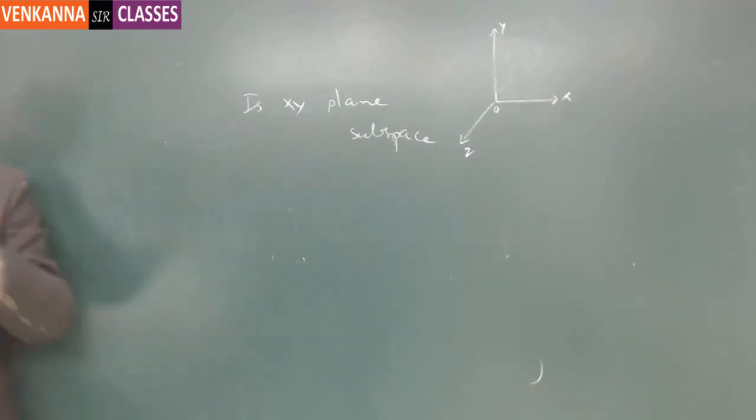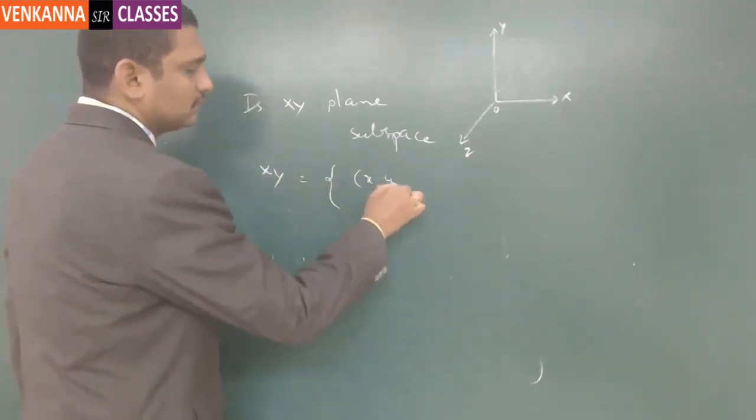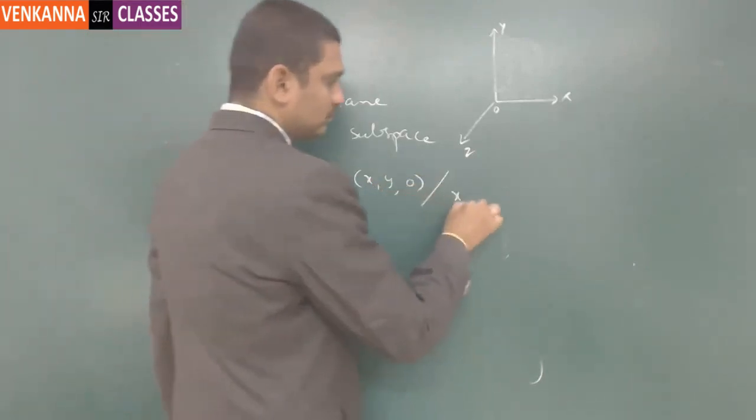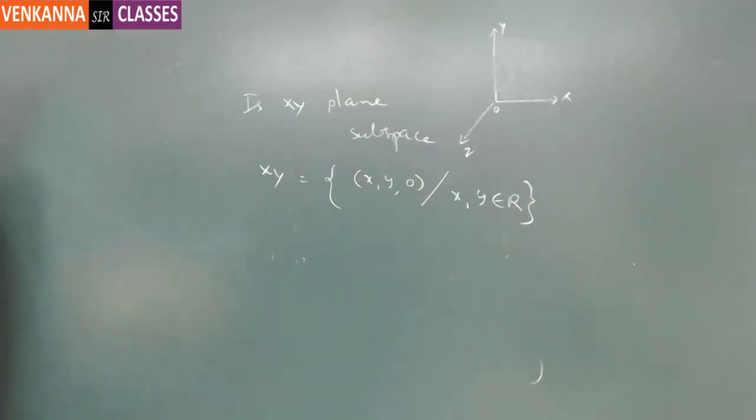So if you want to write the points on the xy plane, how do we write? It contains all 3D points where x coordinate is present, y coordinate is present, z coordinate is 0, and x, y coordinates are nothing but real numbers. This is the definition of the xy plane. Accepted?